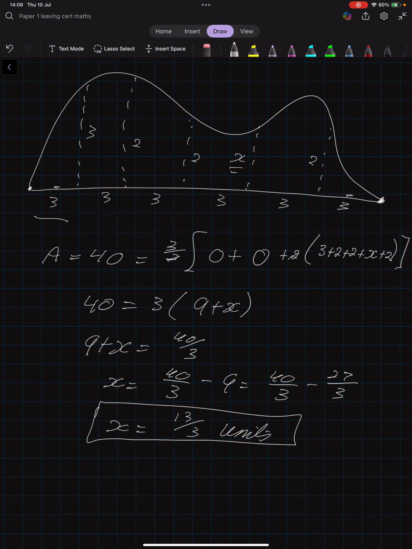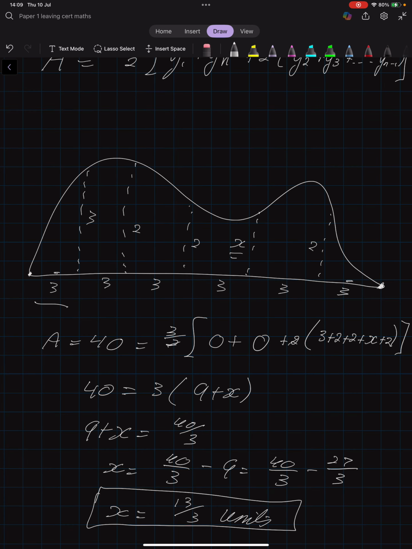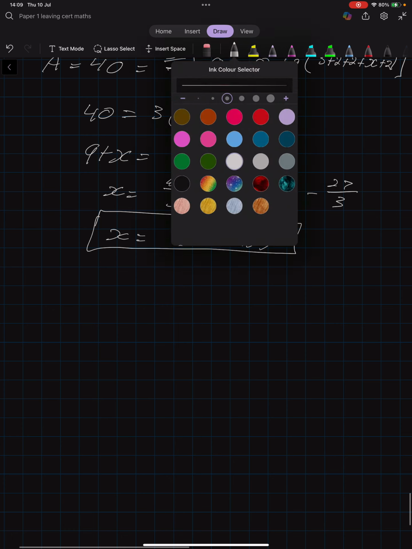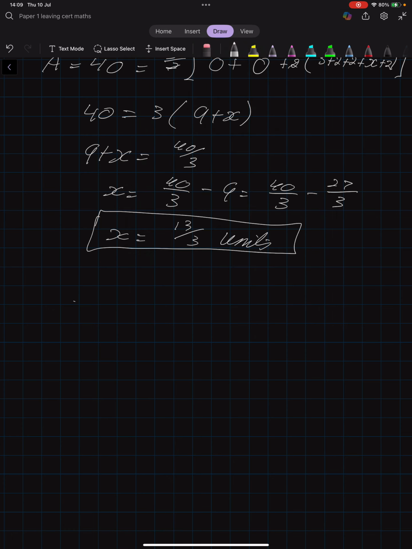So yeah, that's everything with that chapter. So that's how you use the trapezoidal rule. And they might say the actual area is maybe 39 units squared. What's your error?